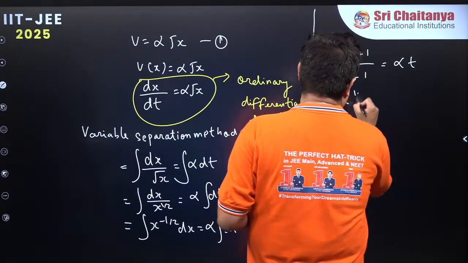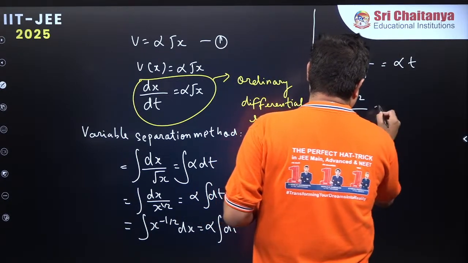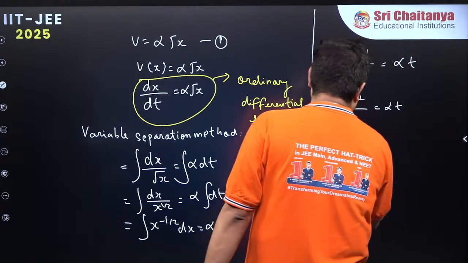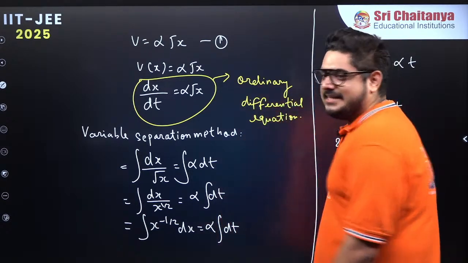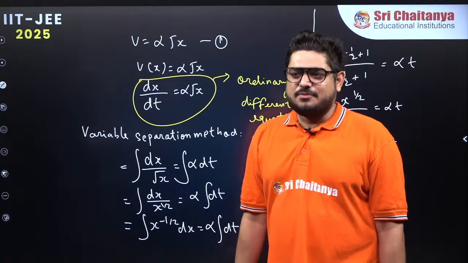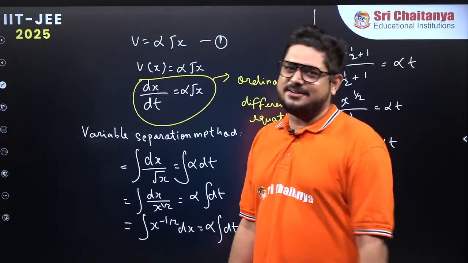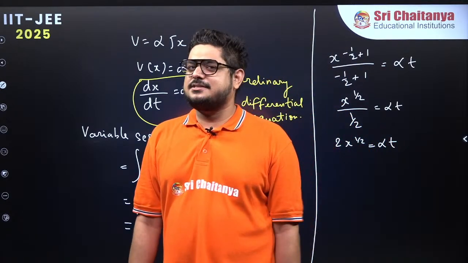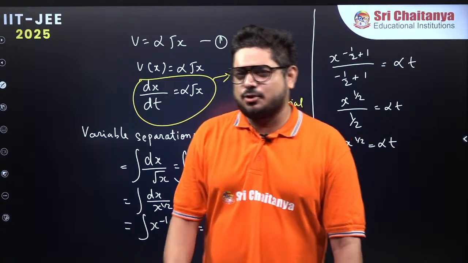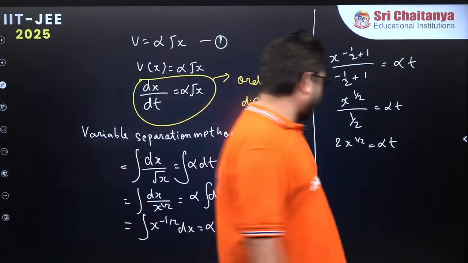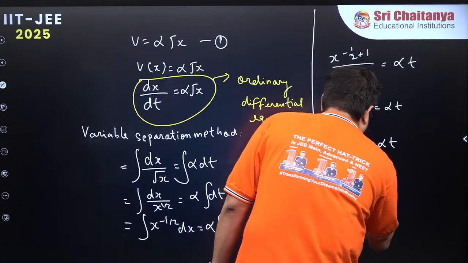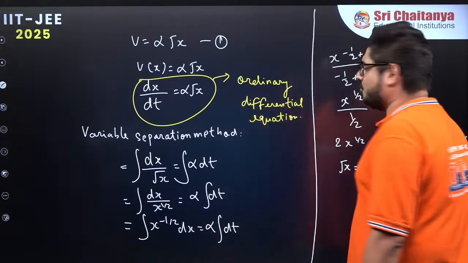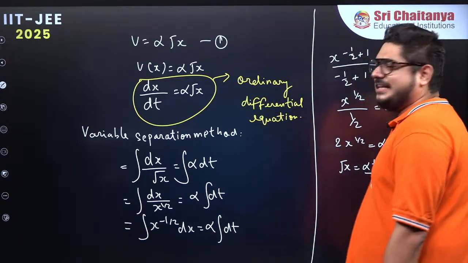So x to the power half by half is equal to alpha t. This becomes 2x to the power half is equal to alpha t. So what is x to the power half, everyone? That is root x. Can I say it's root x, right? So root x can be written as alpha t by 2.